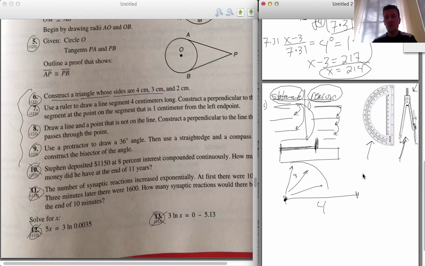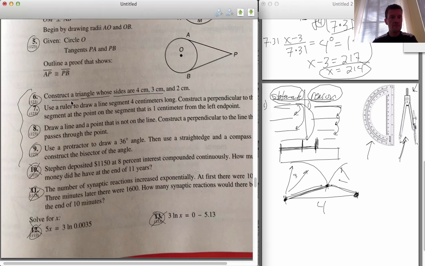Then you're going to take your compass and open it up to only 2 centimeters and do the same thing, but put the pointed end at the other end now, and draw an arc here of 2 centimeters. So this is all 2 centimeters, and where they cross, that's going to be the vertex of your triangle, and you can draw your 2 sides. Okay? Constructions are kind of cool.